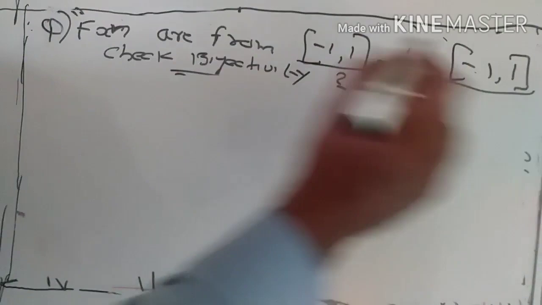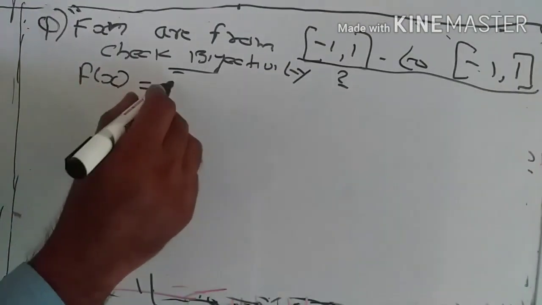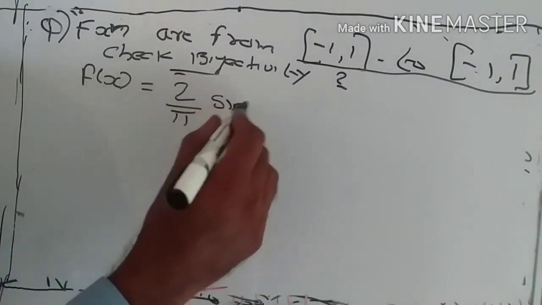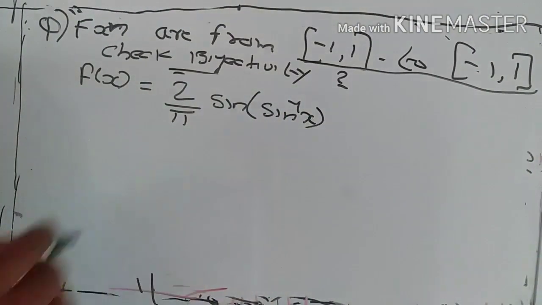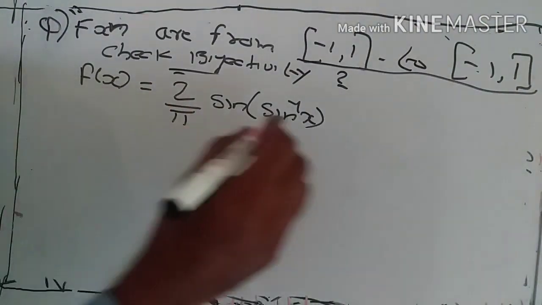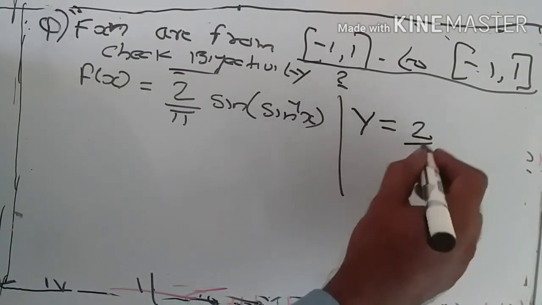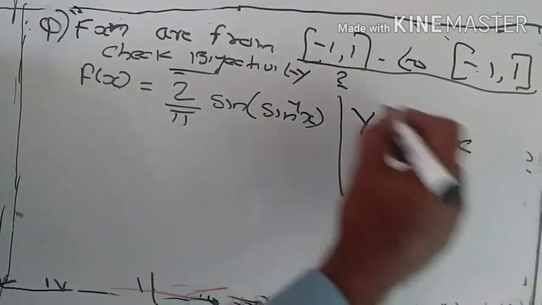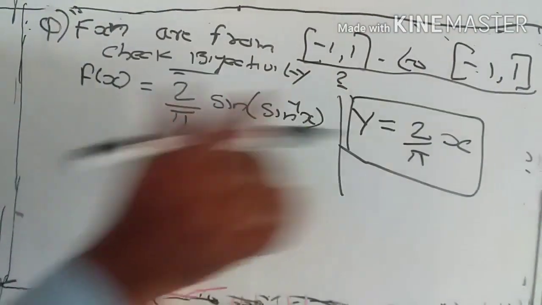-1 to 1. Check the bijectivity if f of x is equal to 2 by pi sine of sine inverse x. So y is equal to 2 by pi into x, since sine of sine inverse x is equal to x.